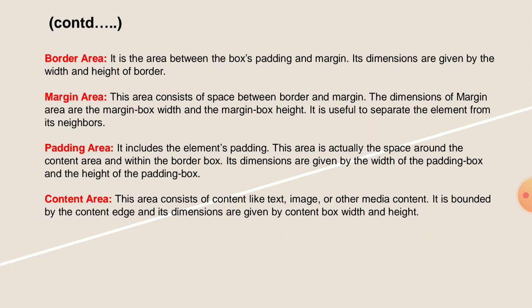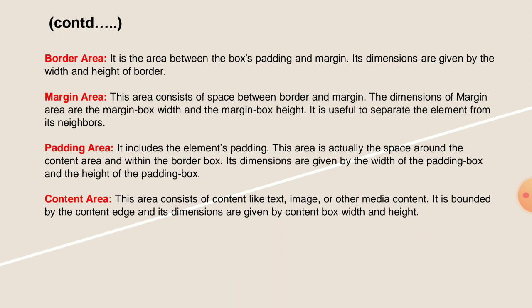Its dimensions are given by the width and height of the border. The margin area consists of the space outside the border. The dimensions of the margin are given by the margin box. It is useful to separate the element from other elements.